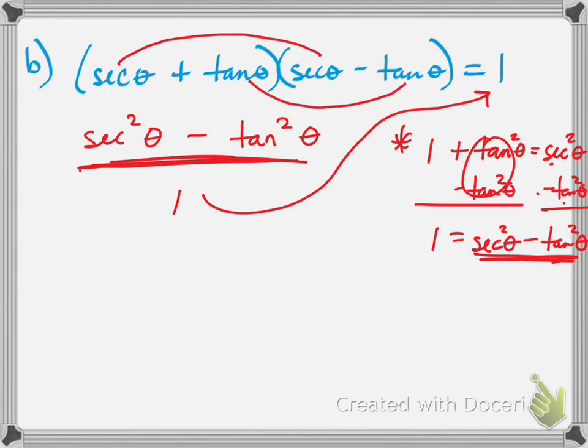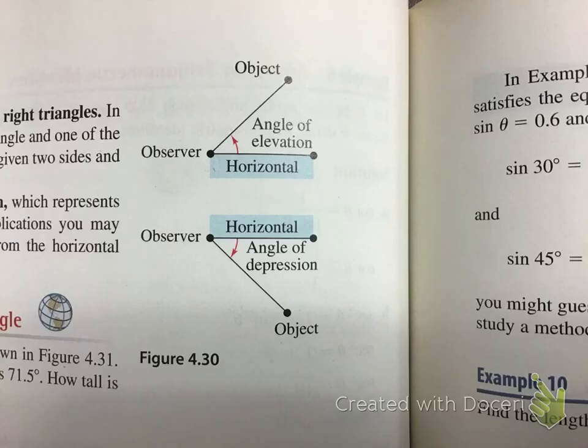So the other thing I want to talk to you about is this idea of angles of elevation and angles of depression. So I'm going to copy this right here, and we'll just talk about it real fast. Sometimes we have to solve right triangles, and sometimes we have to draw problems from word problems.